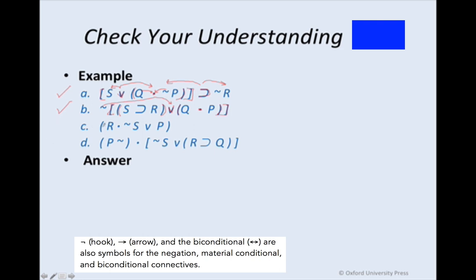Now let's look at C. We have an open parenthesis, R, dot, negation, S, disjunction, P, close parenthesis. So we've got a problem here. We don't know how the sentence should look. Should it look like R, conjunction, not S, or P?